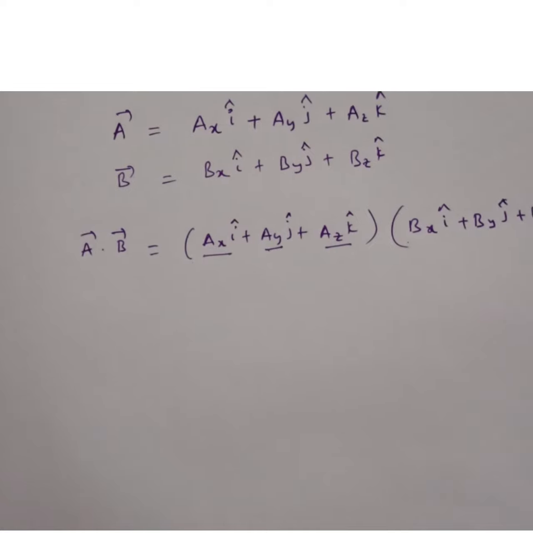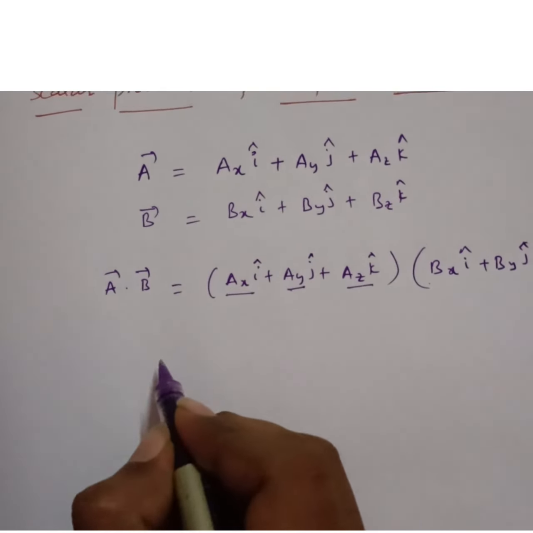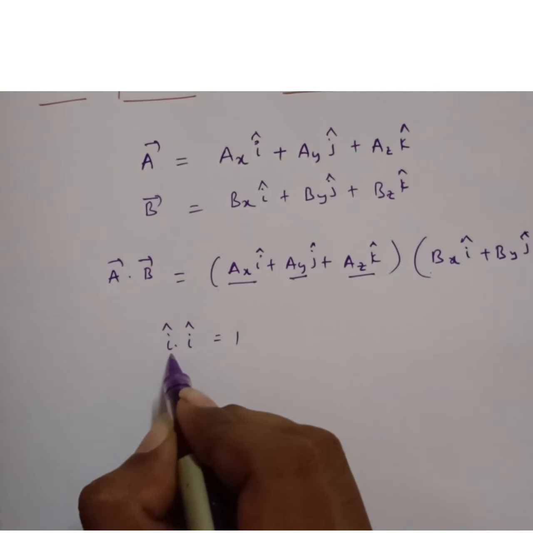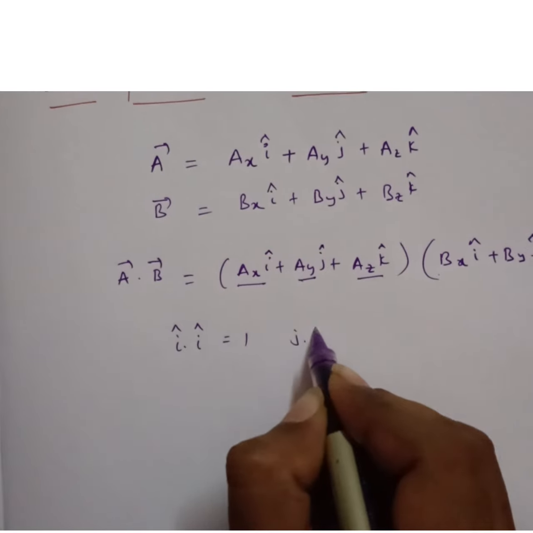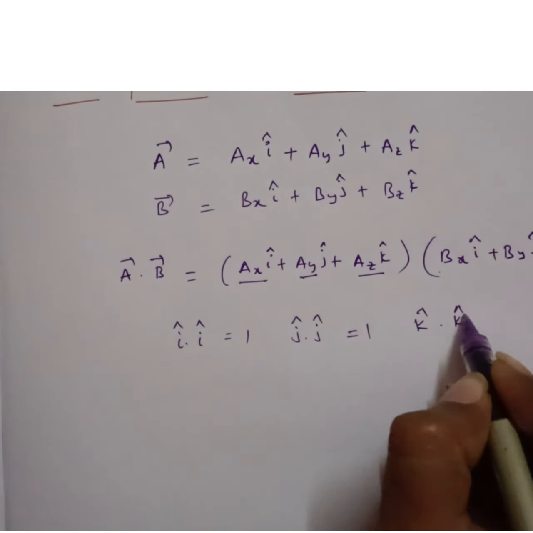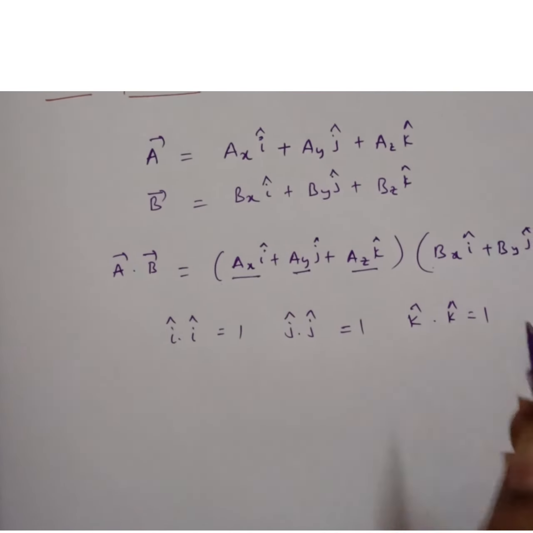Instead of that we can do one simple thing. We have already seen I cap dot I cap equals 1, j cap dot j cap equals 1, k cap dot k cap equals 1. With the same product it equals 1, remaining is 0.